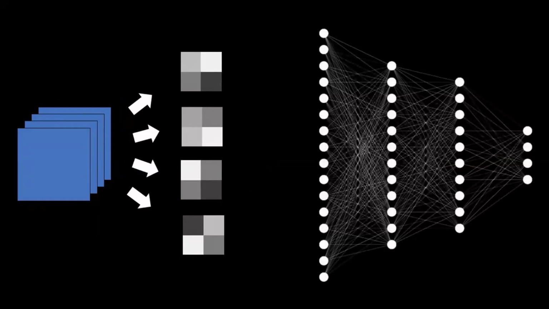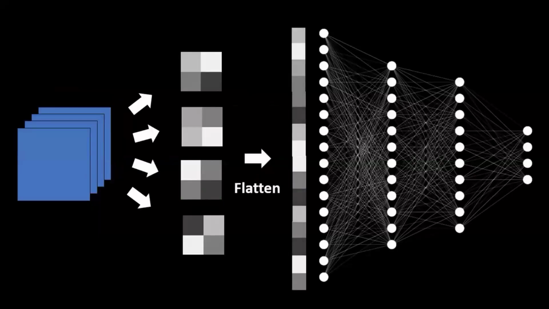Let's say after passing through the combination of many convolutional layers and max pooling layers, we extract the features from the images, and at the end we obtain these four images. Now these four images will then be passed to the fully connected layers. And the way we do it is by flattening these images into a one-dimensional vector.